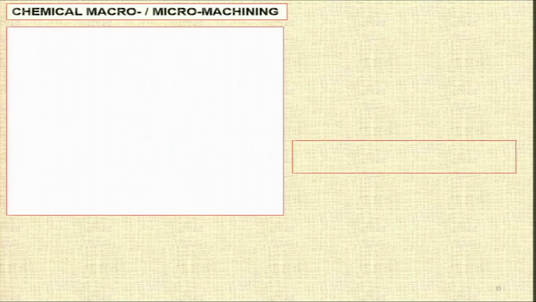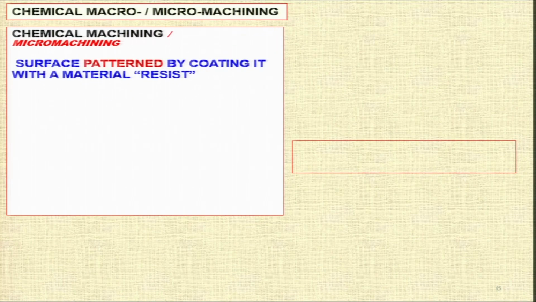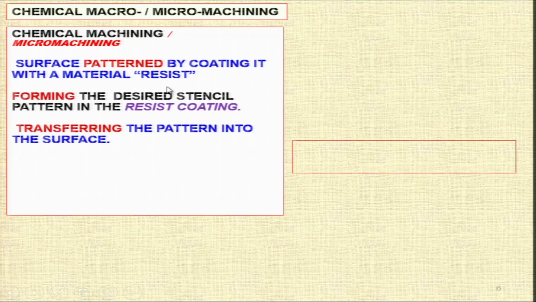Chemical macro micromachining. In chemical machining, micromachining, the surface is patterned by coating it with a material named resist, forming the desired stencil pattern in the resist coating.